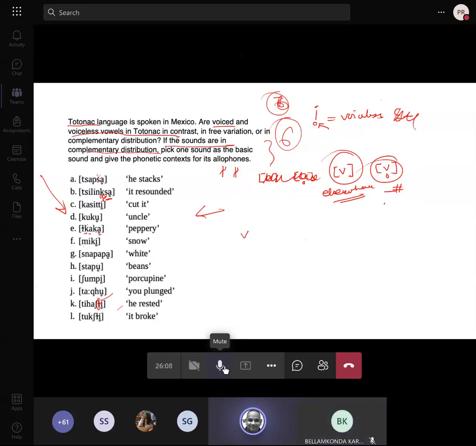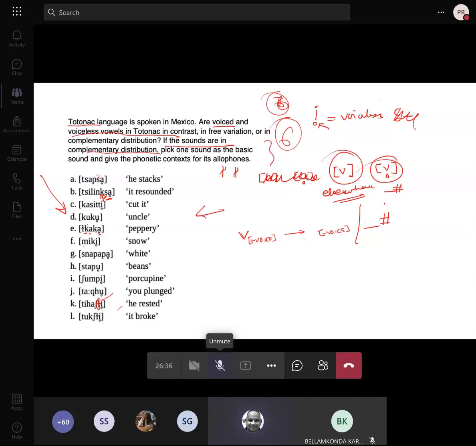We can write something like V, plus voice becomes, we may not repeat this one. We can simply say minus voice. It is understood what feature this is when it is at the end of the word.